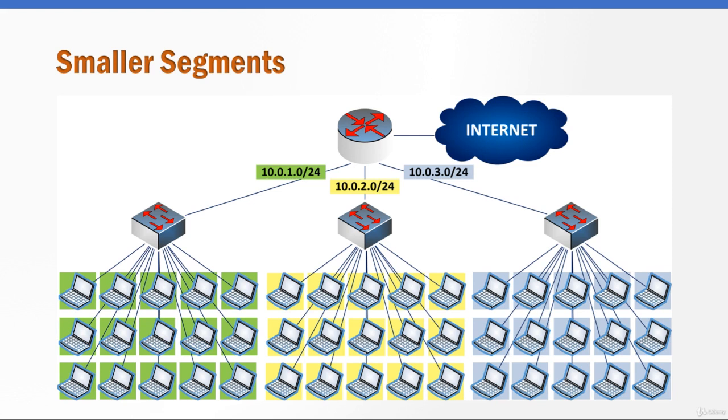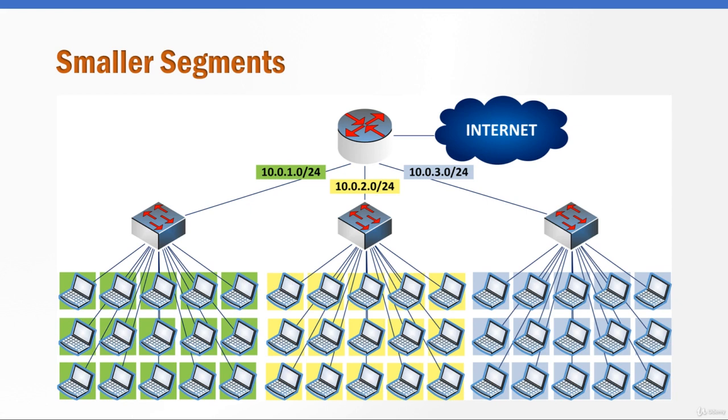So let's say that the green network interface is going to be 10.0.1.1, and then the yellow network interface is going to be 10.0.2.1, and the blue network interface is going to be 10.0.3.1. Now, the computers or the laptops can have, for example, this one can have 10.0.1.10, and this one can have 10.0.2.10.